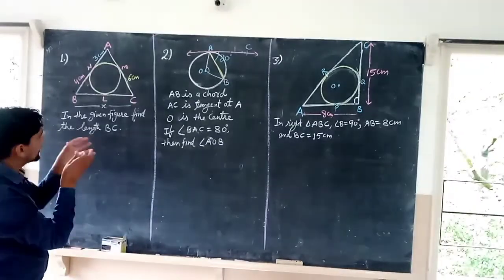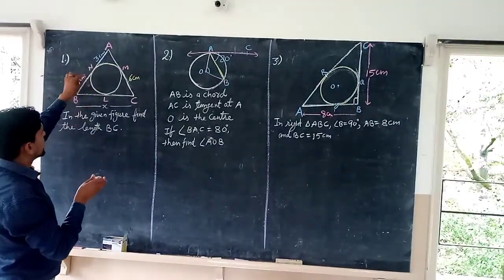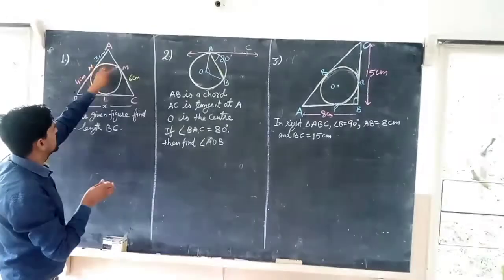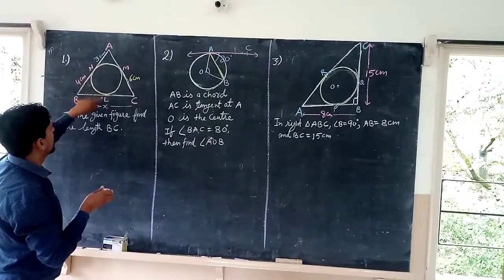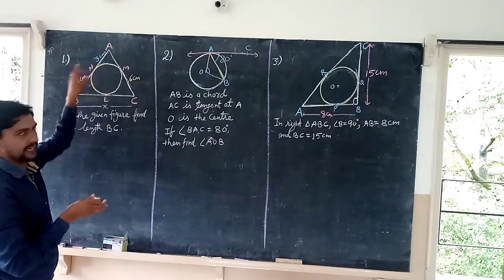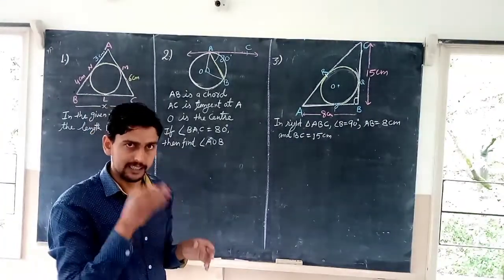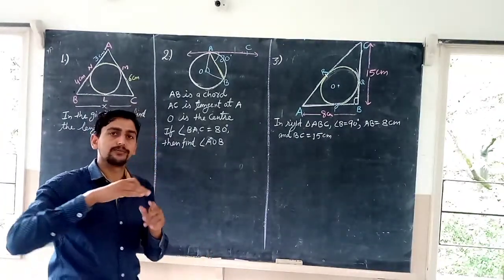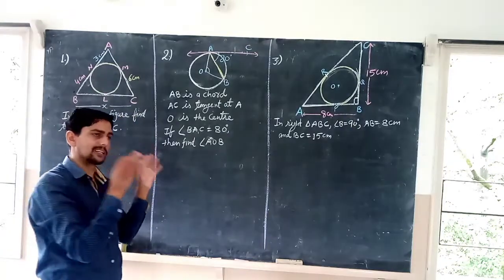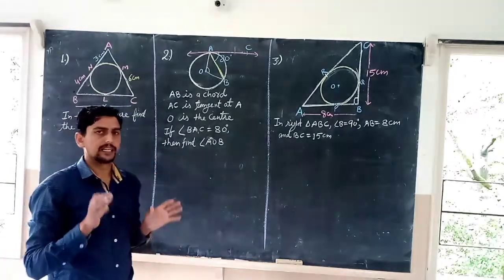So clearly we can see this circle touches the triangle at L, M and N. And we know if a line segment touches the circle, then these are tangents.